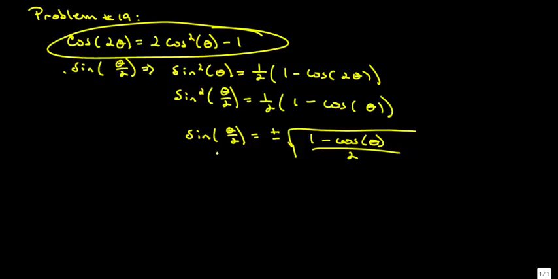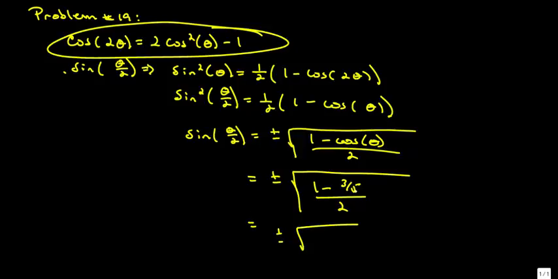So the sine of the theta over 2 should be equal to plus or minus the square root 1 minus, now the cosine value again is 3/5, over 2. So that's plus or minus the square root 1 minus 3/5 is 2/5 over 2, which ends up being plus or minus the square root of 2 over 10.